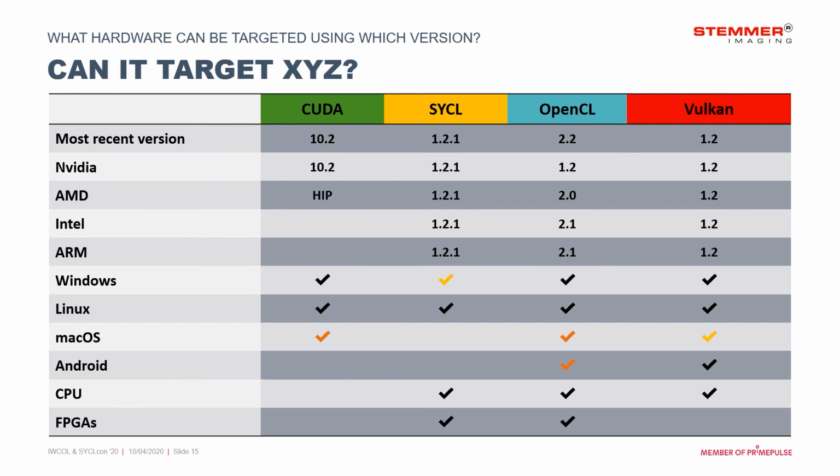When considering SYCL and OpenCL, an interesting point is that those two also support running on CPUs and FPGAs. But otherwise they are somewhat different. SYCL is mostly supported on every platform in the newest version, with some limitations on Windows, as for example, the Intel LLVM project does not yet target NVIDIA GPUs on Windows, but only on Linux.